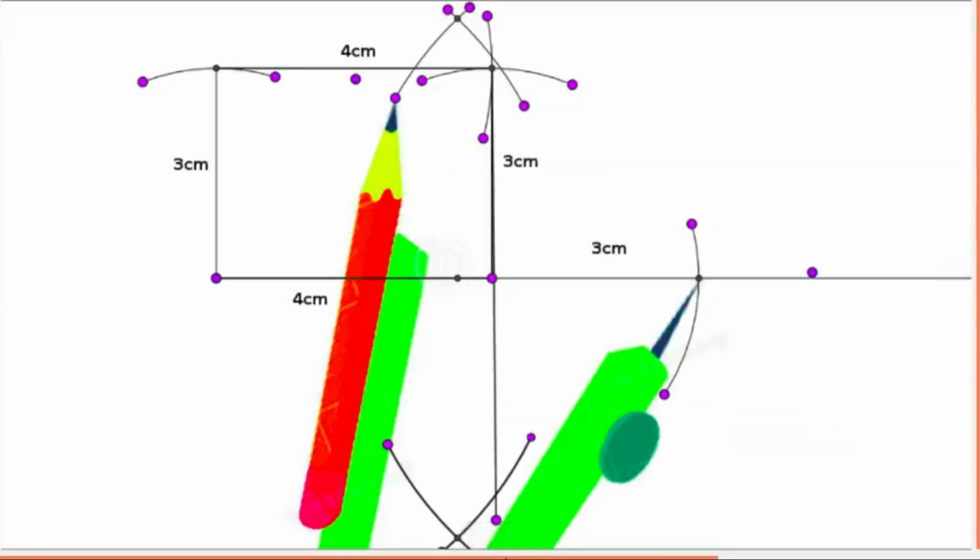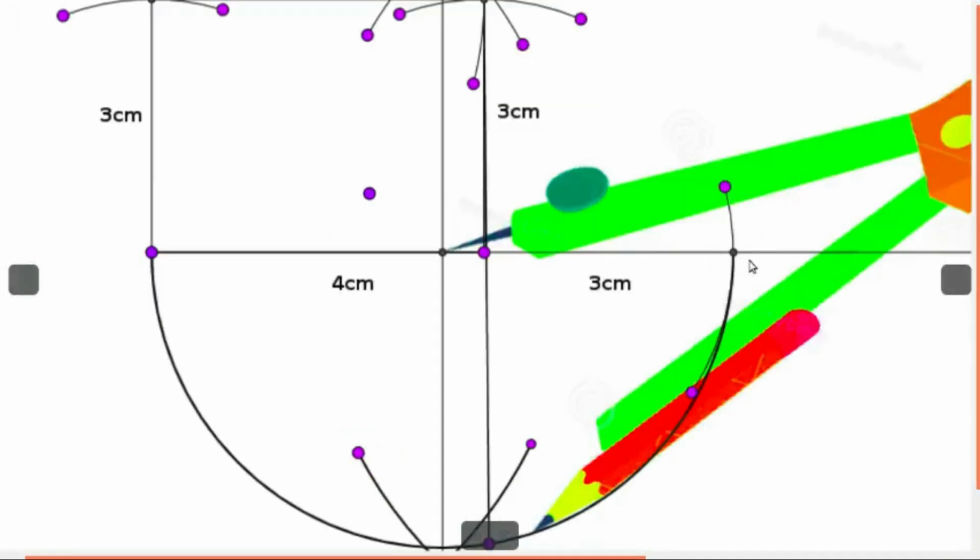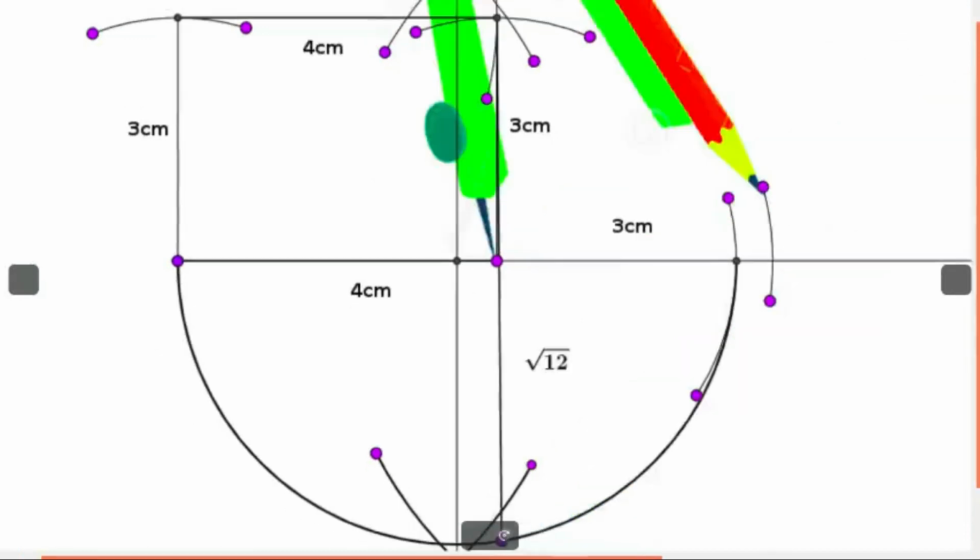Then join the line. Now we draw a semicircle with this point as center and passing through these 2 points. Now this length is 4, this is 3, so this one is equal to root of 4 into 3, which is root 12.